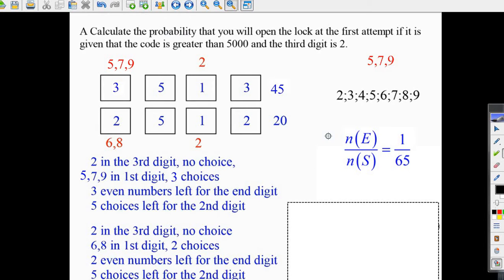So if you know that there are these 65 different codes, what's the probability that you'll open up the lock on the first attempt? You've got 1 chance in 65. Now, I didn't read it like that the first time.